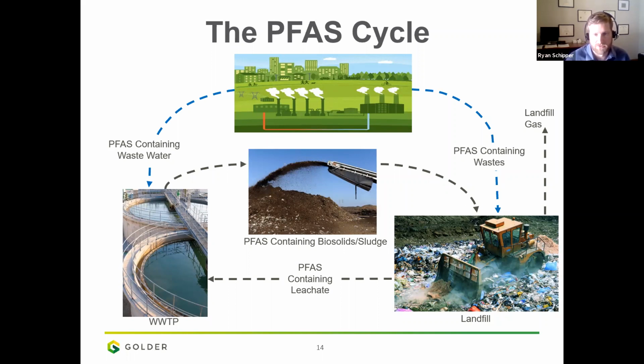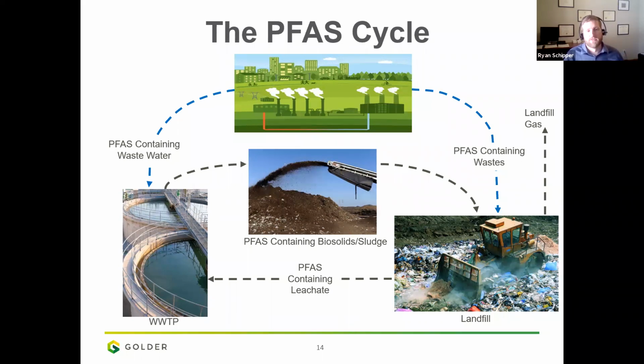It's maybe also interesting to note, and we'll get into some of the precursors a little bit later in the presentation, that many times these wastewater treatment plants, even with the biosolids having a lot of PFAS in them, can have higher terminal PFAS concentrations, those completely fluorinated carbon molecules, in the effluent when compared to the influent. That's because of the breakdown of a lot of different precursors into those terminal PFAS compounds.